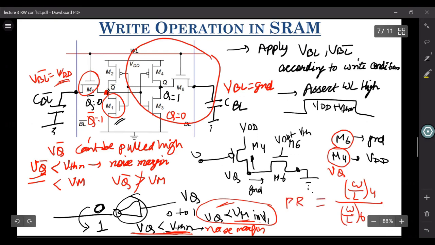So that M6 is able to pull this node towards the ground more easily. Now this leads to another constraint. And what is this constraint? For performing a write, what you want is the strength of the PMOS of the inverter used in the SRAM cell should be less than your access transistor strength.